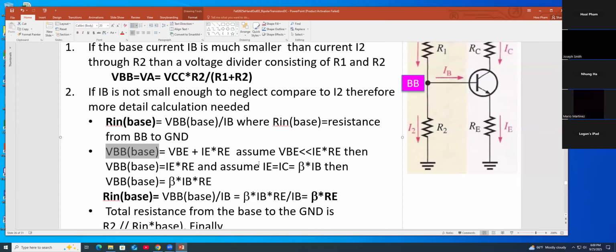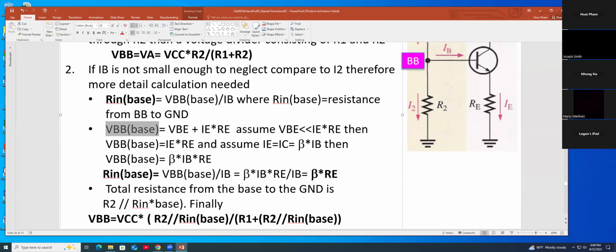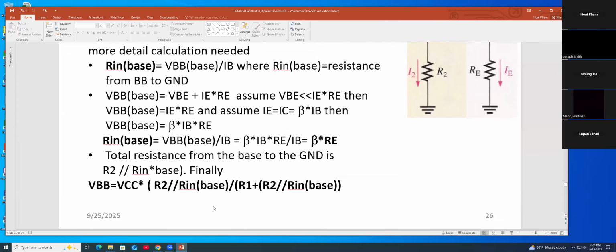And they calculate VBB equals beta times IB times RE, and they calculate the R in B. So basically, they say VBB equals VCC times R2 divided by R in B, and divided by R1 plus R2 parallel R in B. So that is very complicated.